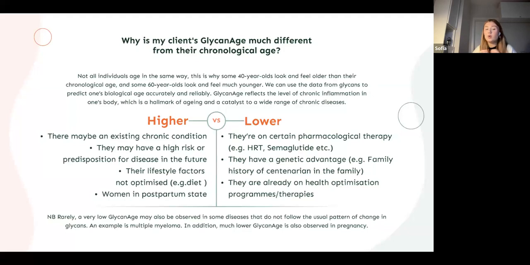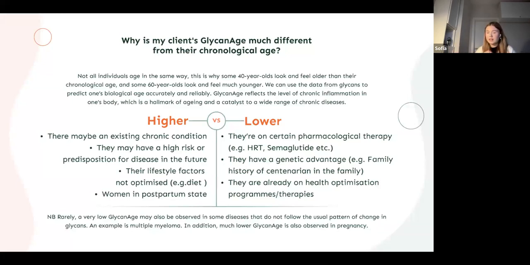And also what we see in women in postpartum state is that they will have a higher result, whereas pregnant women will have a lower result. So for women who are either pregnant or postpartum, it's important to wait until their cycle stabilizes, and then you can take the GlycanAge test to get an accurate reading.